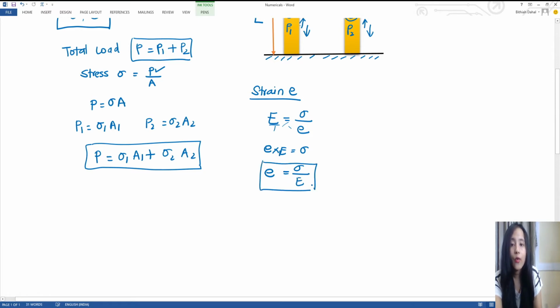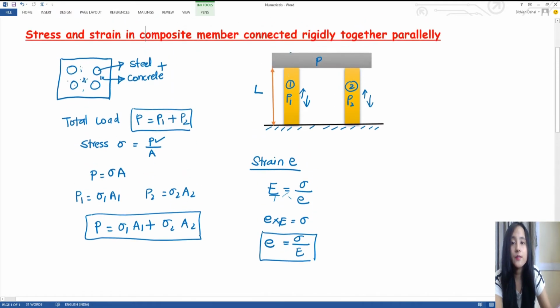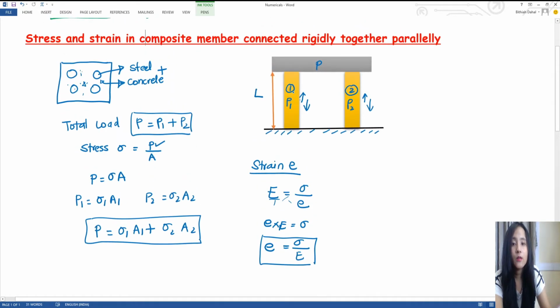Now I want to find the strain in the first material: e1 will be equal to sigma 1 divided by the modulus of elasticity E1. Similarly, e2 in the second material will be sigma 2 by E2.